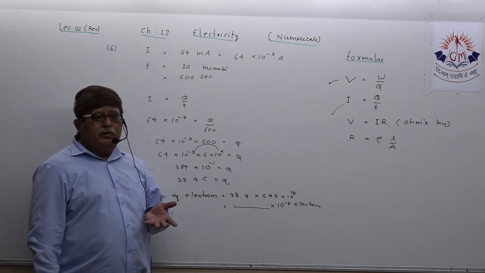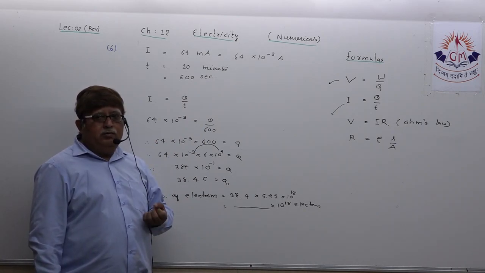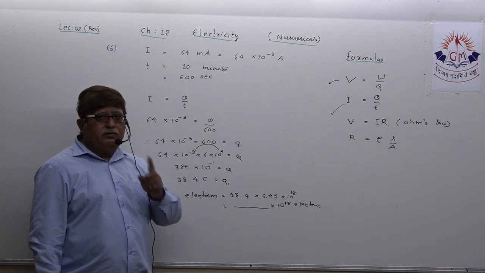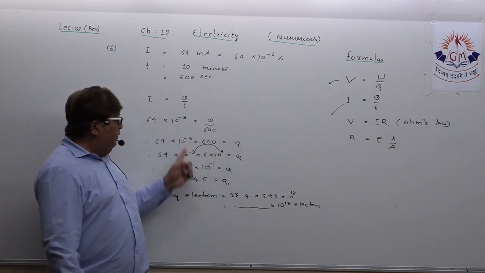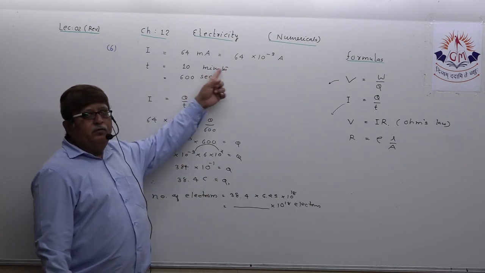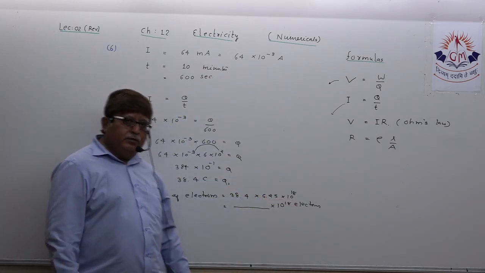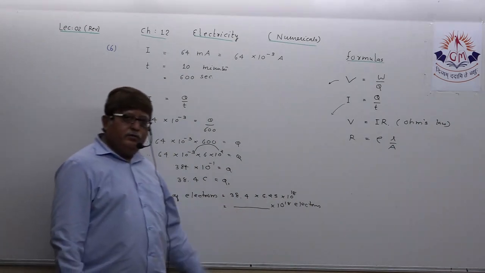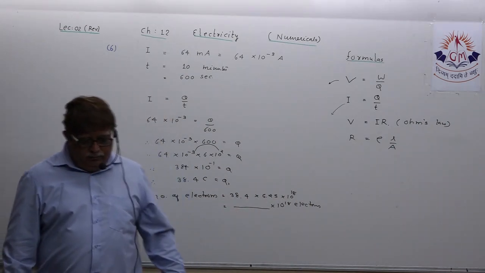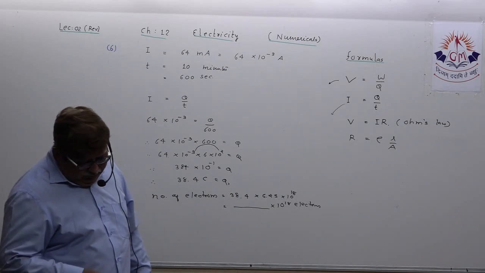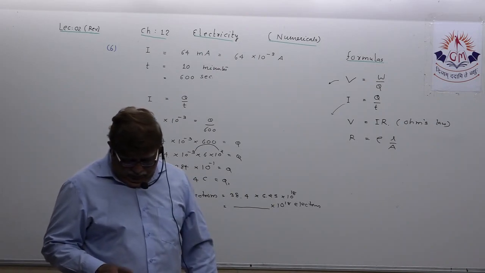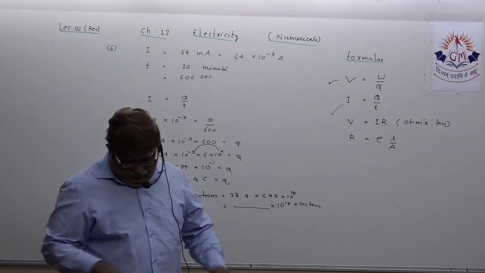So you just find how many ampere of current passes in 1 second. Divide this by 600, and whatever current you get, multiply by 6.25 into 10 raised to 18, you will get the same answer. Understand? So these are some of the twists, dear student, you have to target.